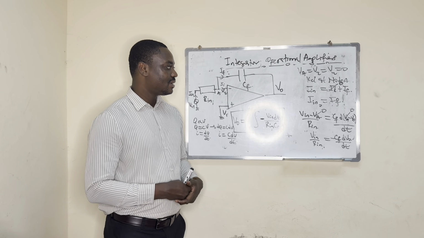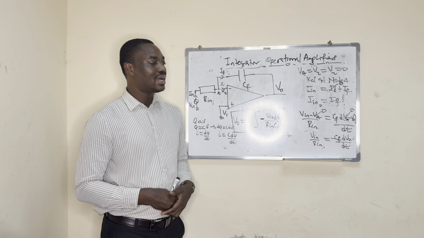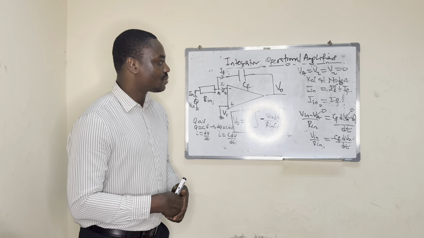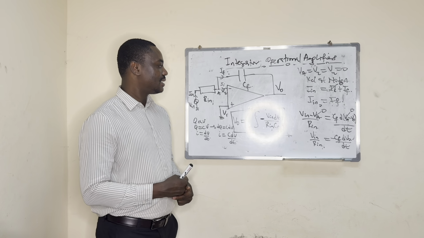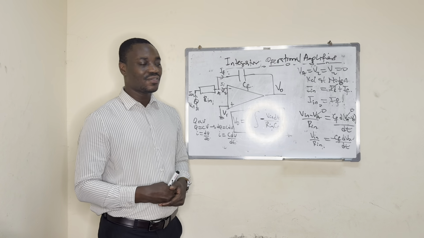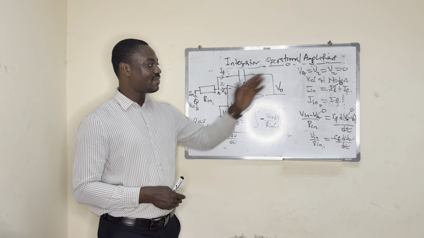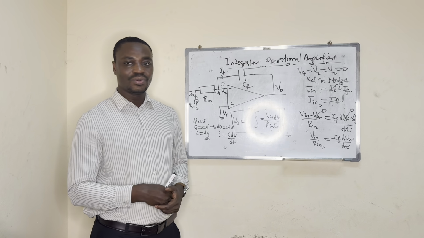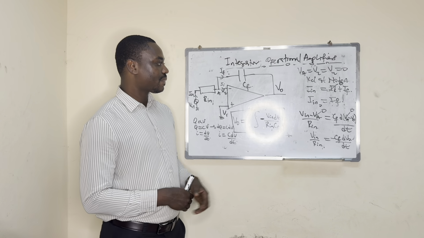That means the input resistance is infinite, and as a result you have no current passing through the op-amp. So we have I is 0 in that situation, so we have Iin equals IF.